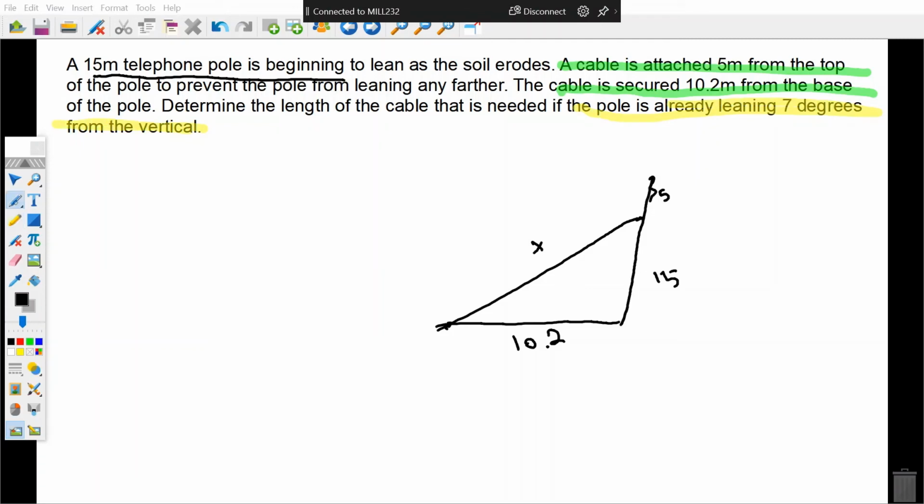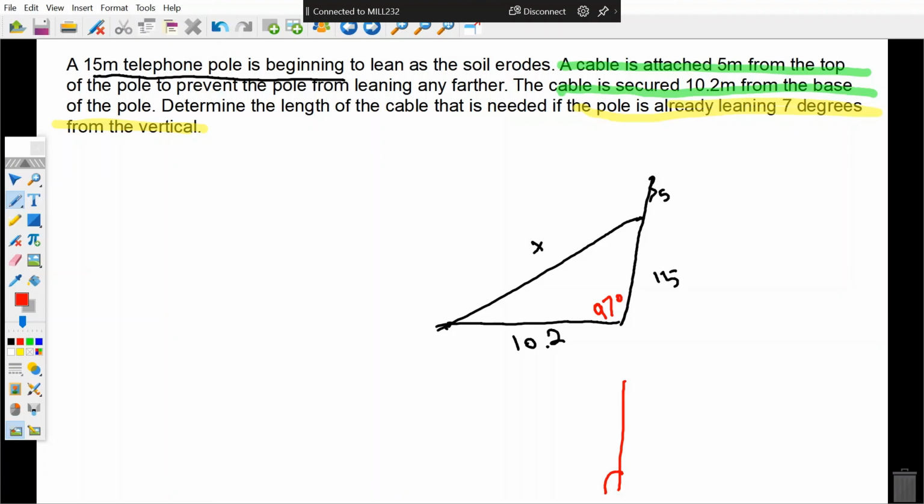So if this pole was straight up and down, right? If the pole was straight up and down, it would make an angle of 90 degrees with the ground. But the pole's not straight up and down. The pole is 7 degrees from the vertical. So that means that this angle here is actually 97 degrees. Okay? If it was leaning straight up and down, it would be 90, but it's not. It's got that slight lean to it, okay?